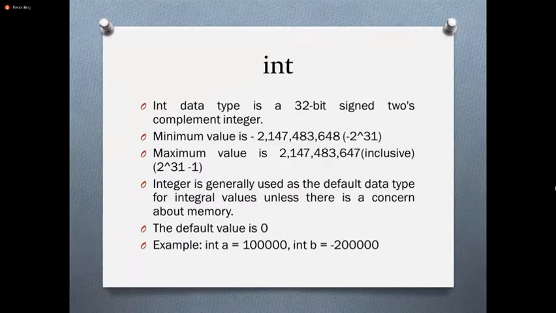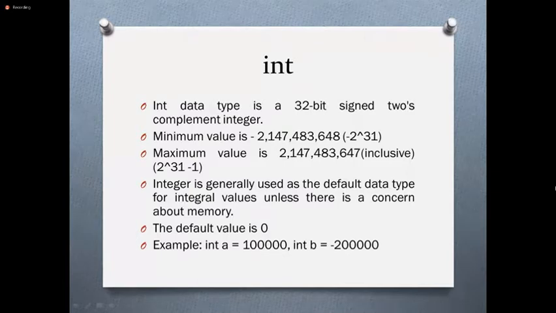And the next one is int, a frequently used data type. Its size is 32 bits. Minimum value is this much, right? Minus 2,147 and so on. Then the maximum value is again this much.